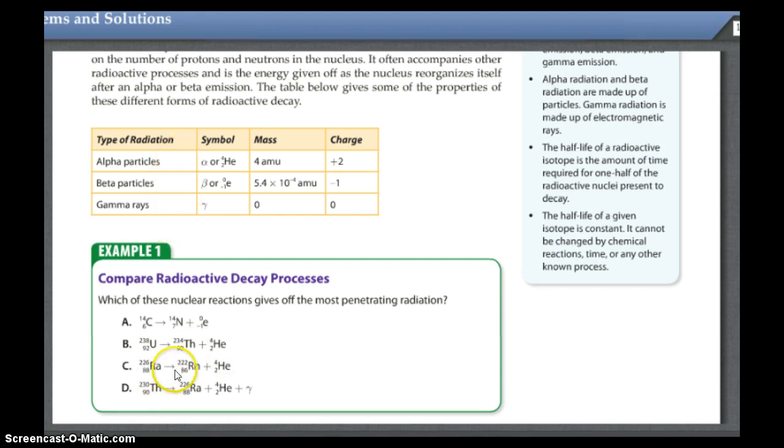We have Ra turning into Rn. And again, we have that helium. So that would be alpha. We have thorium turning into Ra plus helium plus gamma. So it has the alpha particle, but it also has the gamma. So that one is going to be the most penetrating.